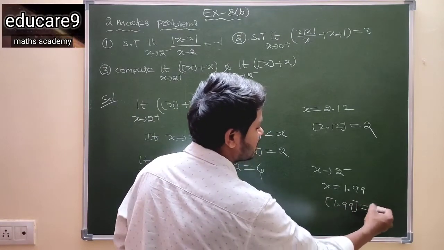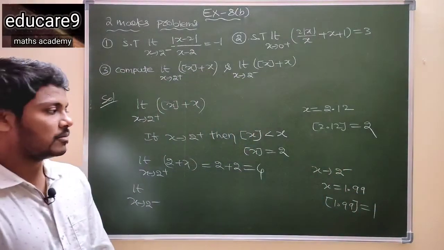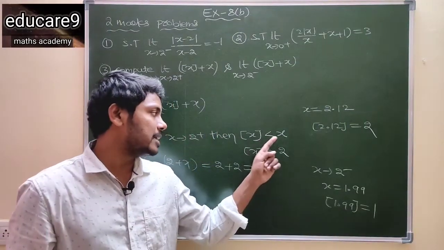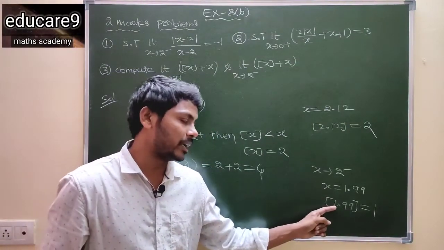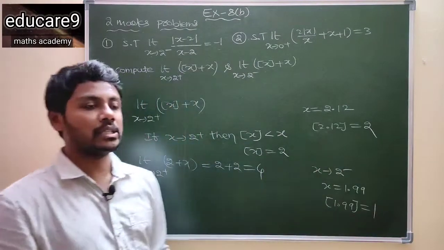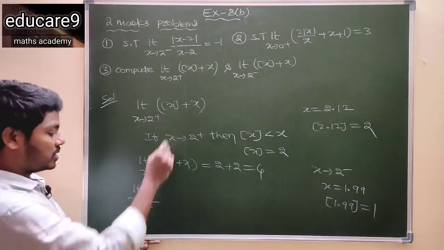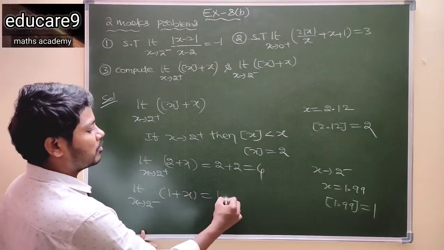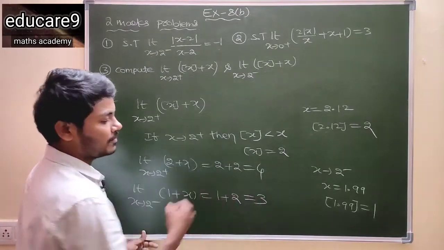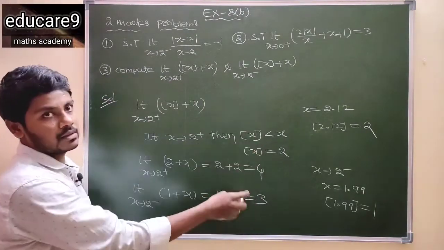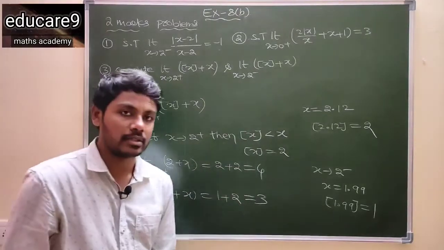Clearly you know that this value is 1, because it is less than x. So 1.99 can be written as 1 only. Now this value is 1 plus x, which is 1 plus 2 equals 3. So the first value is 4, the second value is 3. This is the required answer.